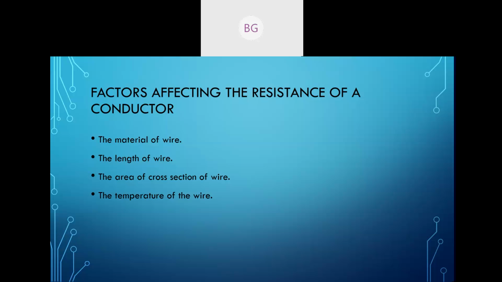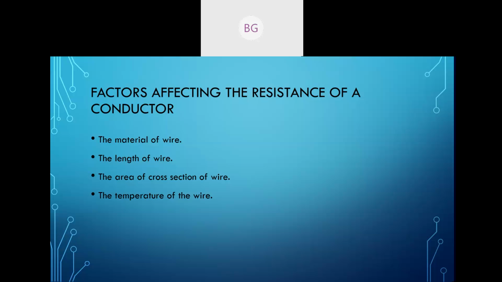But if I consider wood or plastic, and I connect a battery to them, what happens? We can see that there is no flow of current in it. Why? Because the resistance of those materials is high.